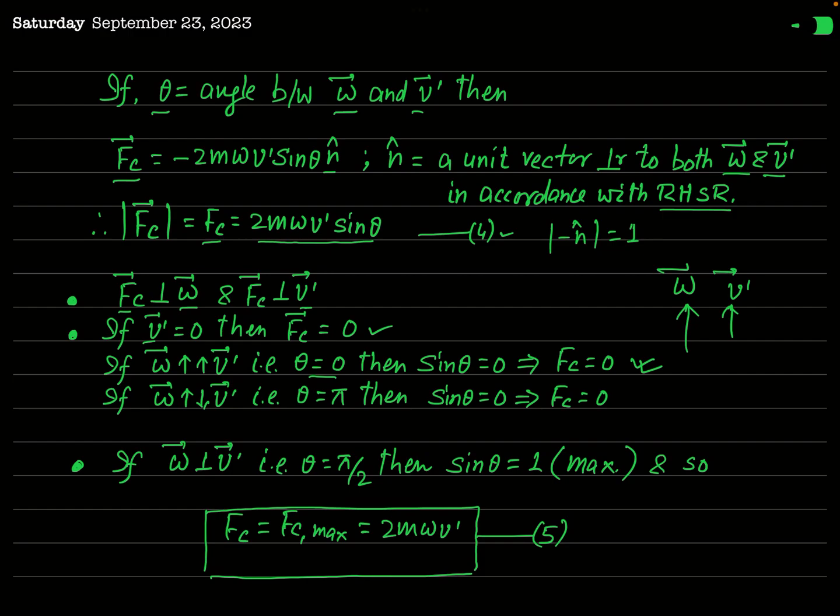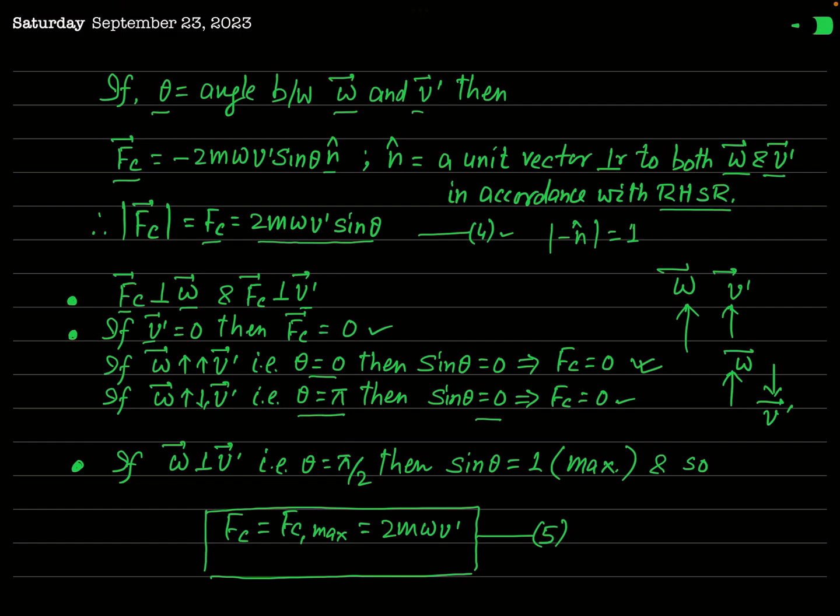And in a similar manner, if you consider that these two vectors omega and v prime are in opposite directions, that is anti-parallel, then the angle between them will be 180 degrees, that is pi, and sine 180 degrees is also 0. So in this case sine theta will be 0 too, and so Fc will be 0.